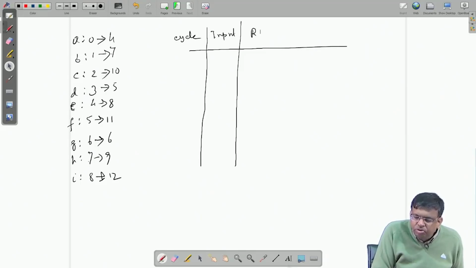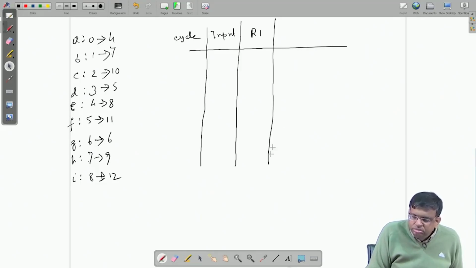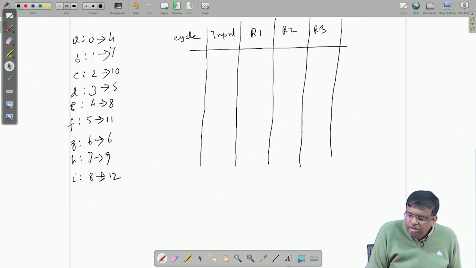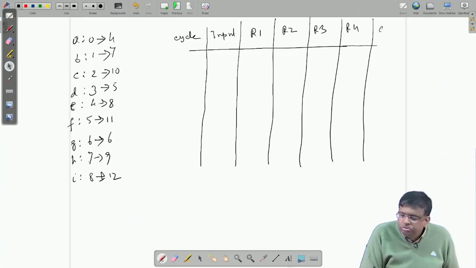I write R1 for register 1, R2 for register 2, R3 for register 3, R4 for register 4, and then output.